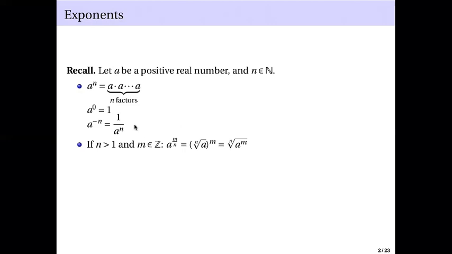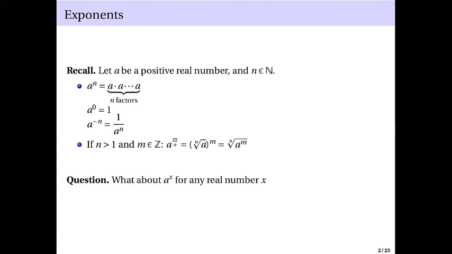So we are not considering negative values for a. Okay, so these three here consider positive and negative integers and also zero. This bullet here now considers fractions as exponents.